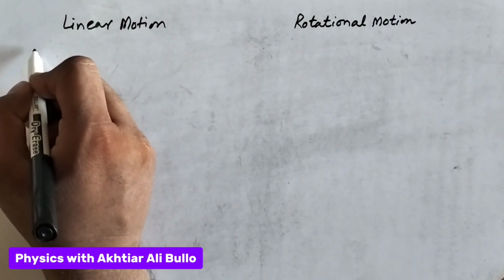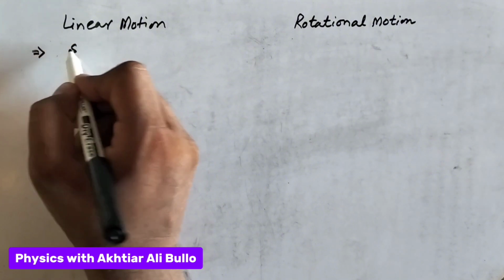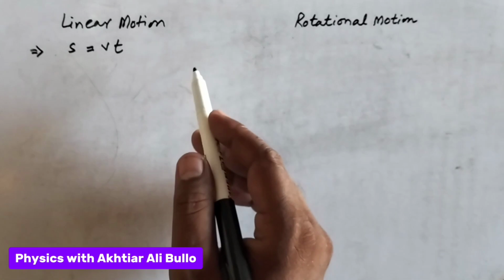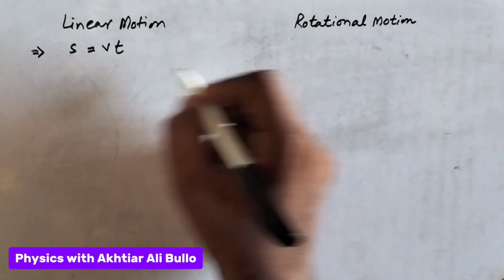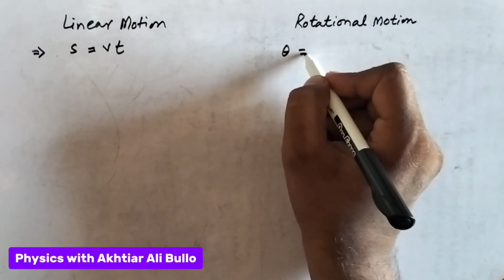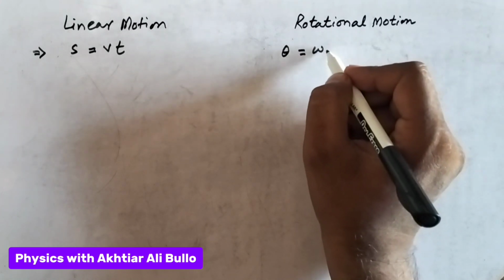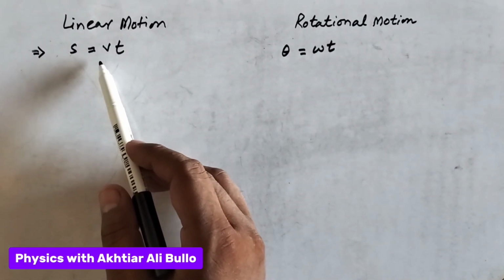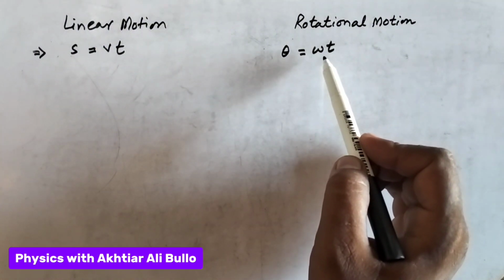The distance formula is S is equal to V into T. In rotational motion this equation will become theta in place of S is equal to omega in place of V, and time will remain the same. So this equation is used in linear motion and this equation is used in rotational motion.